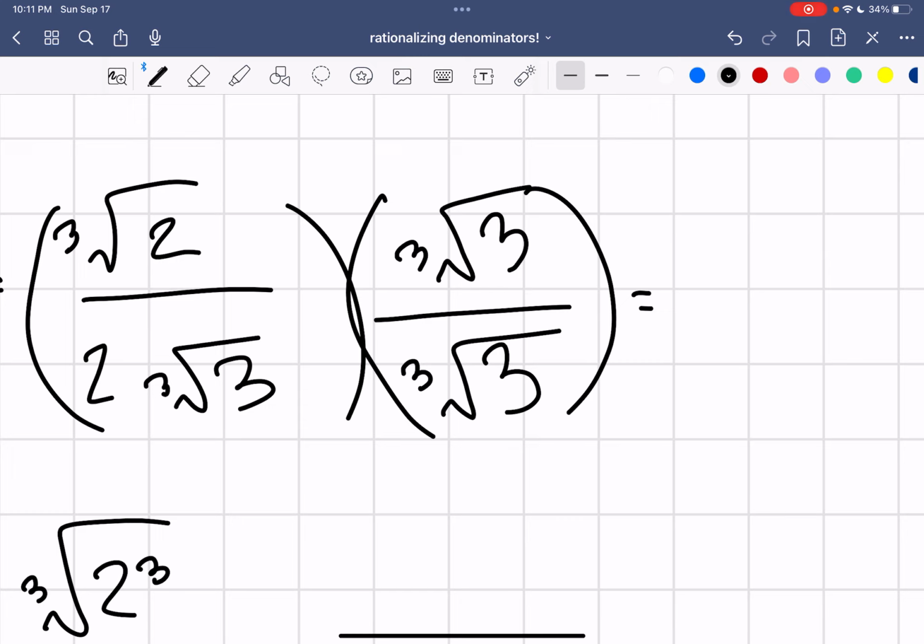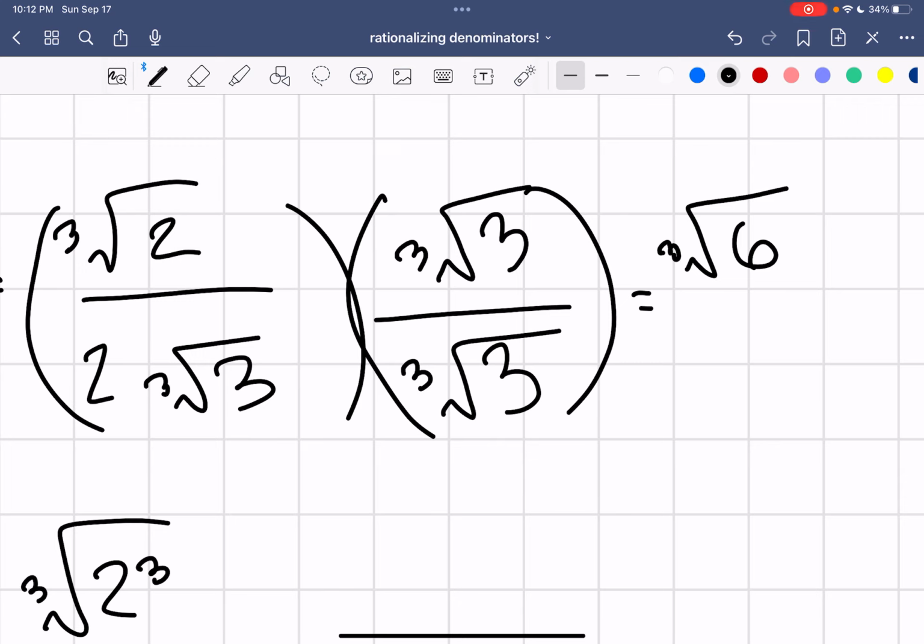So since the denominator cannot have a radical, yeah, okay. That's the cube root of 6, right?